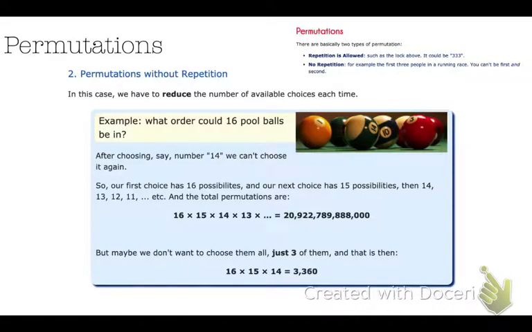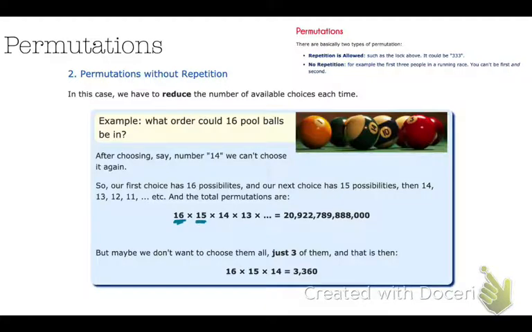Now, permutations without repetition, and these are a lot of the ones that we will see when we're doing this, but we have to reduce the number of choices available each time. So first, what order could 16 pool balls be in? Well, if we had 16 slots, we could choose the first pool ball and we have 16 options for that pool ball.